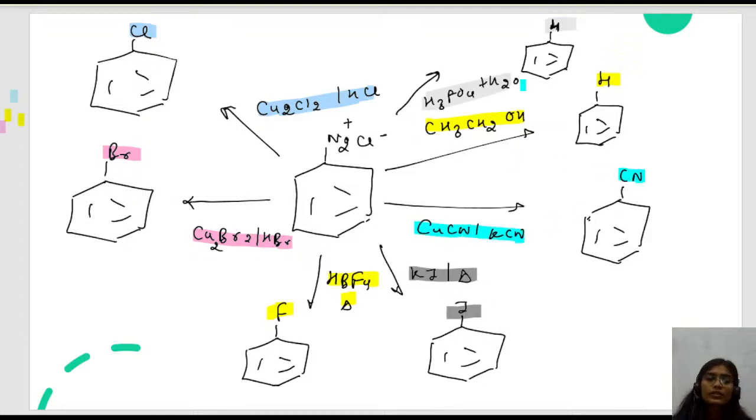Okay, so this is a brief. These reactions we already covered in the previous classes. That is the Gattermann-Koch reaction, where we use CO and HCl, and there we are getting aldehyde. Gattermann is a different reaction from Gattermann-Koch.